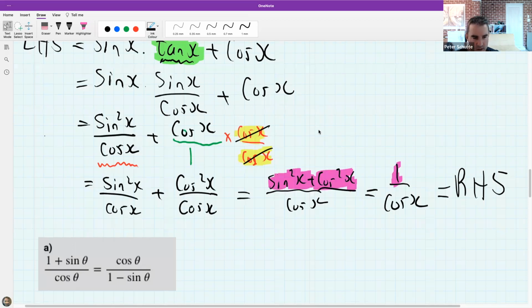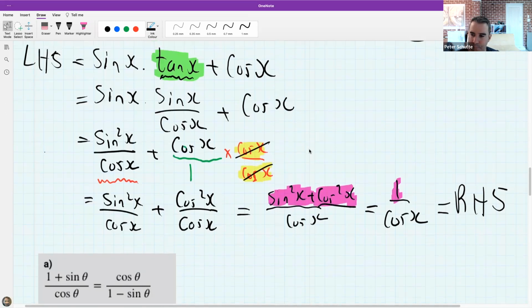Afternoon, sir. Hello. On the previous question, where you multiply by cos x over cos x, where does it come from? Okay, I made this up because I really wanted this fraction to have a denominator of cos x.